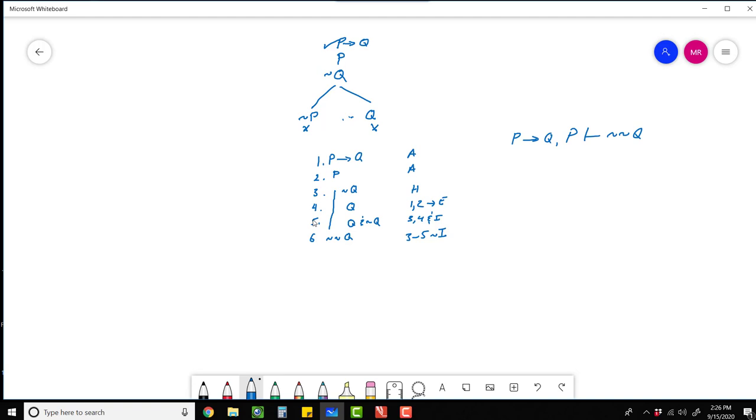But if you had been told to demonstrate or derive if P then Q, P therefore Q, you are not done, but of course you know how to get done now. All you do is write Q by 6 and negation elimination.